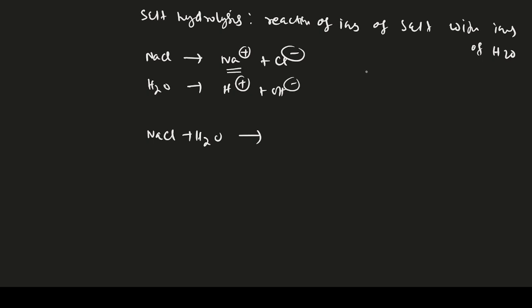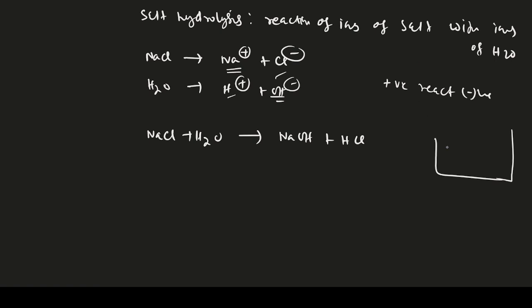So let's say this positive part reacts with the negative part, so Na will react with this part to give NaOH, and this part reacts to give HCl. But this is happening in the solution, right?